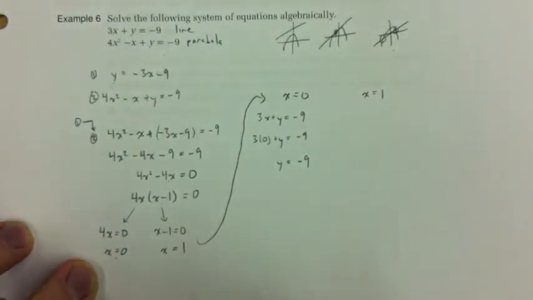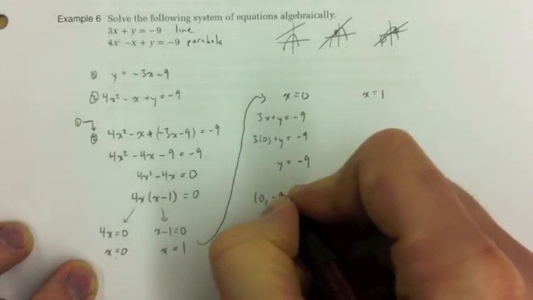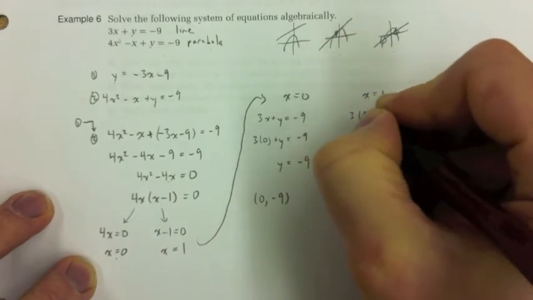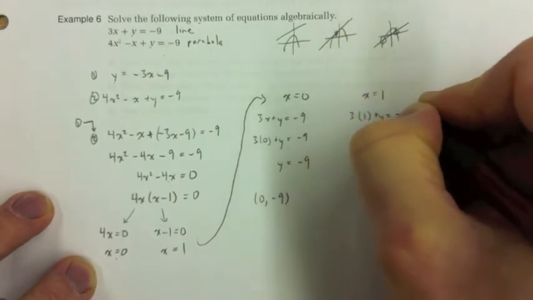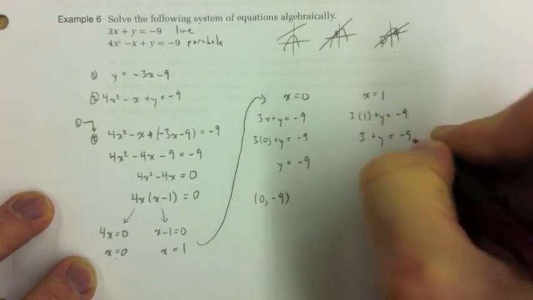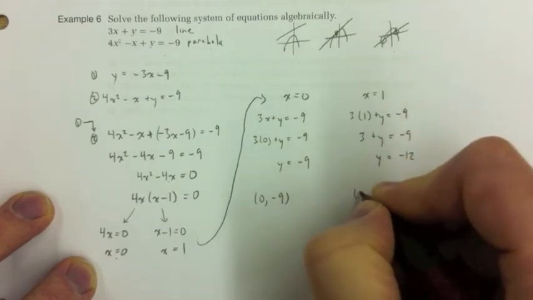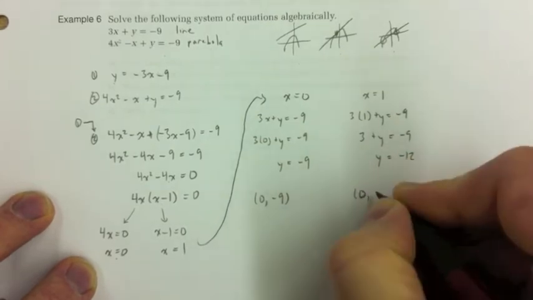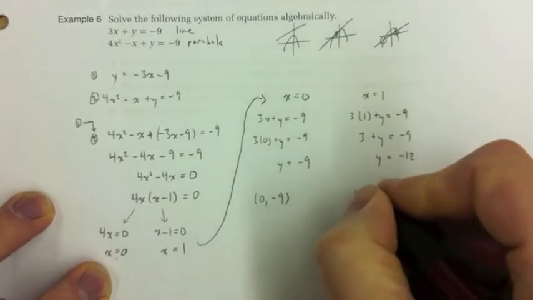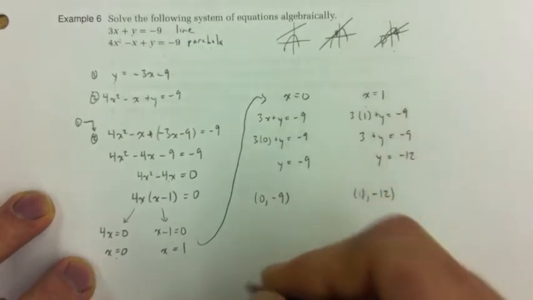When x is equal to 0, we get y is equal to negative 9. When x is equal to 1, we get y is equal to negative 12. So we get x equals 1 and y equals negative 12.